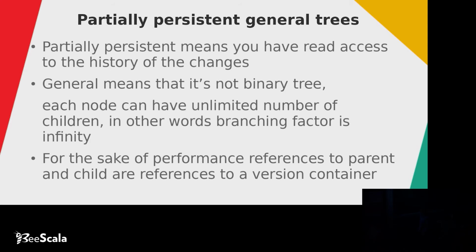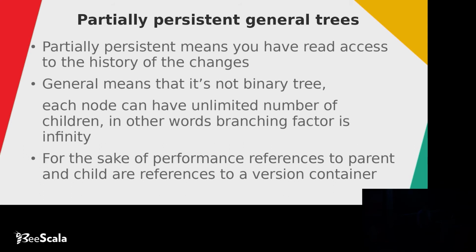Yeah. And for the sake of performance, references to parent and child or children are containers. In fact, there are a couple of options for how to make versionable trees, and there are some papers regarding that topic, but to be honest, from all those papers, there are mainly two of them.